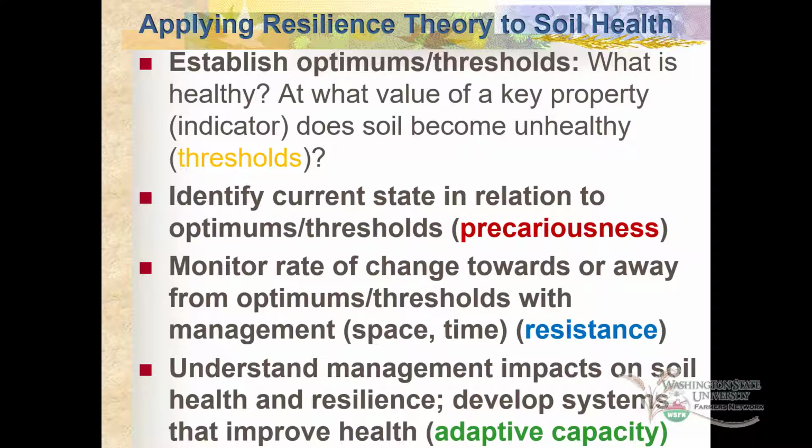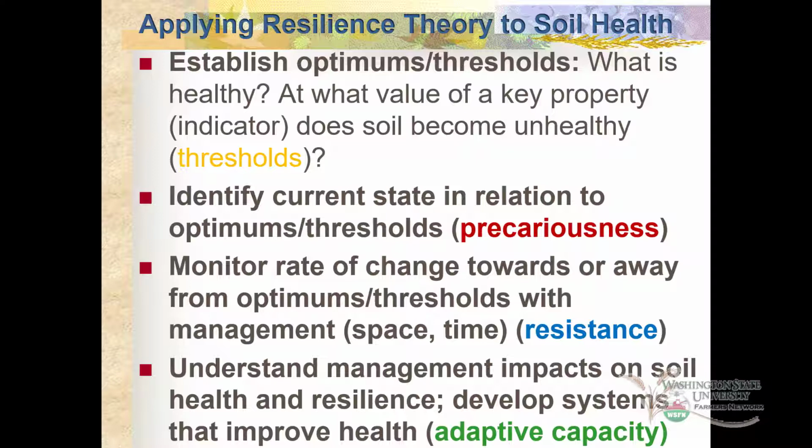So a little bit in terms of resilience: people talk about resilience a lot and the necessity for our crops to increase their resilience. There is ecological resilience theory that actually defines some attributes that are important to think about.